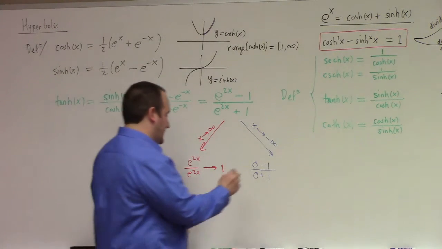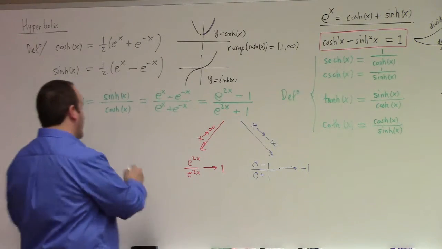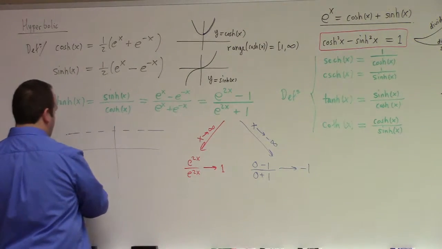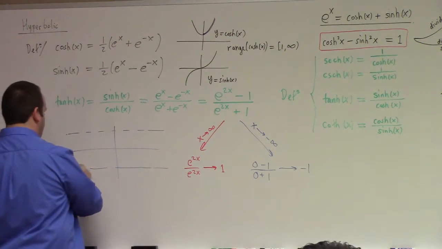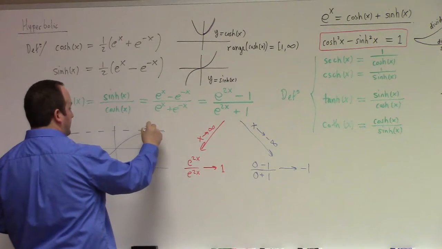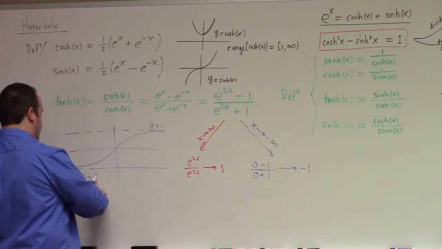So this is tending to minus 1. And so the graph looks something like this. I'm not sure exactly, but something like that. This is the graph of hyperbolic tangent.